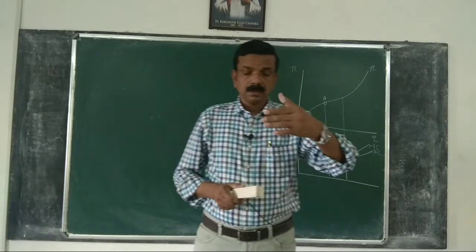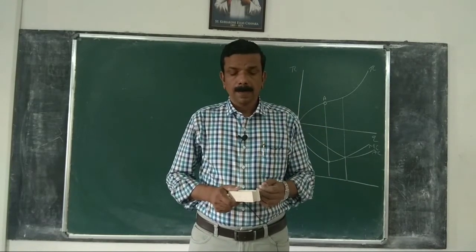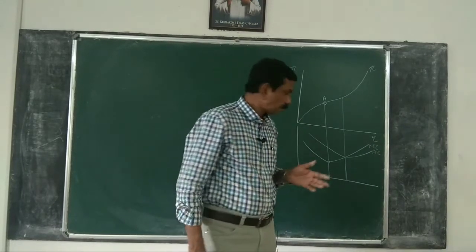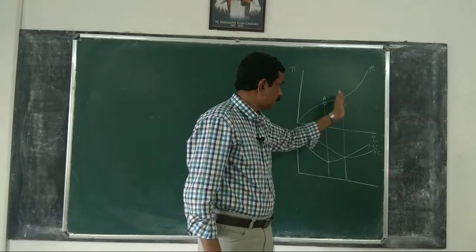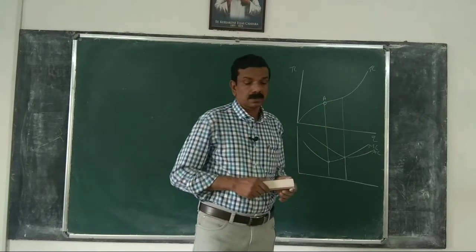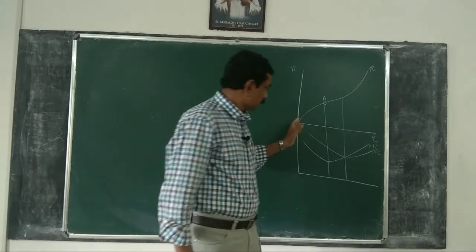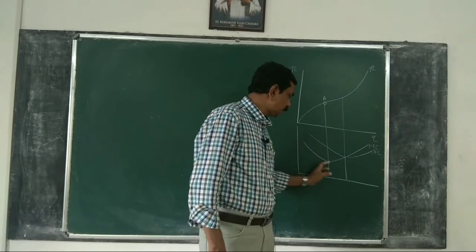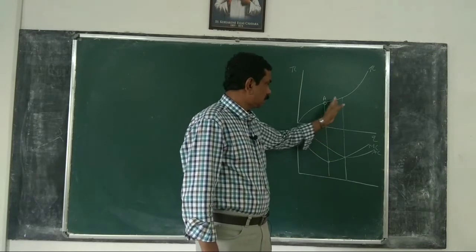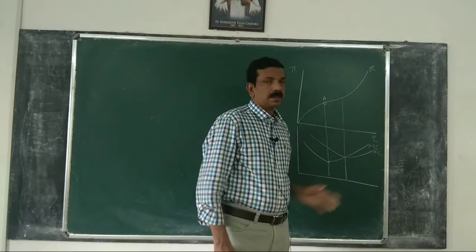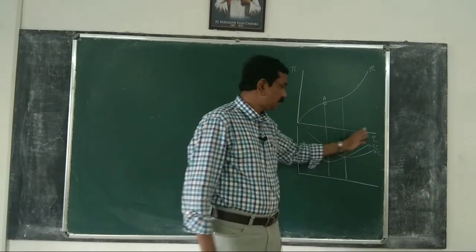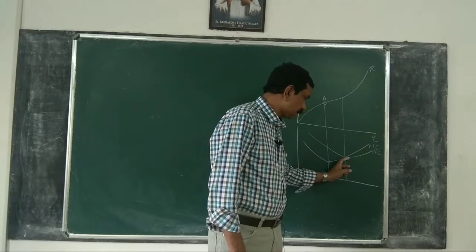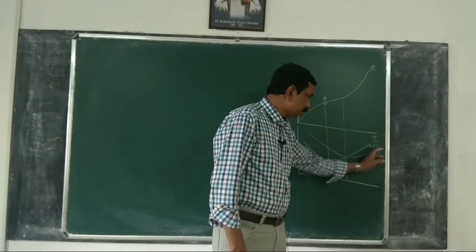So initially TC concave, and beyond a point it is convex. That means the cost increases at a diminishing rate, so that MC decreases. Then cost increases at an increasing rate, so MC increases. AC decreases continuously for some time, then AC increases.